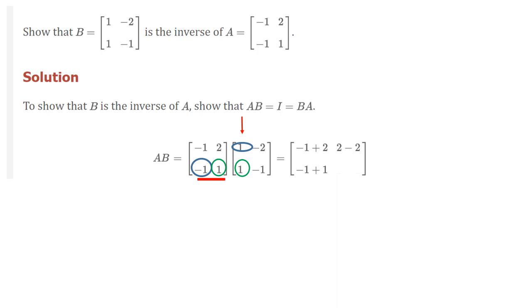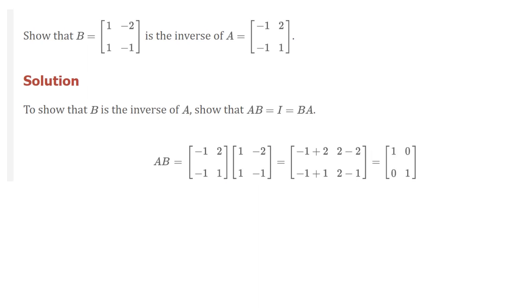Then one last time, row 2, column 2: -1 times -2 plus 1 times -1. When we add our numbers together, -1 plus 2 is 1, 2 minus 2 is 0, -1 plus 1 is 0, 2 minus 1 is 1.